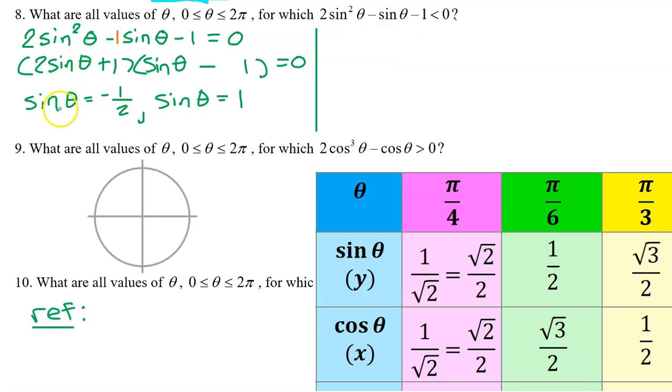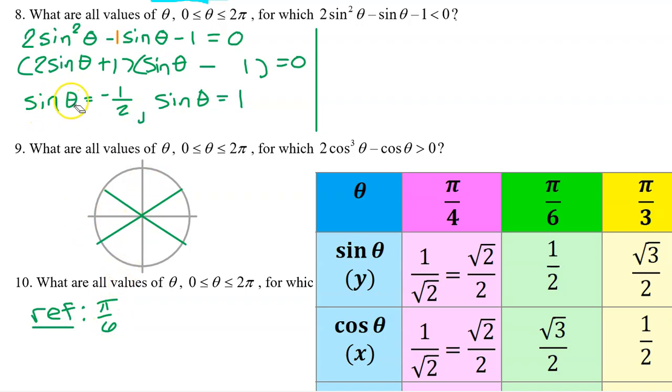Let's start by solving the sine of theta is equal to negative 1/2. Ignoring the negative sign, we find the reference angle by asking the sine of what angle is 1/2. We've memorized that the sine of pi over 6 is 1/2, so pi over 6 is the reference angle. On the interval from 0 to 2 pi, here are the 4 angles with a reference angle of pi over 6.